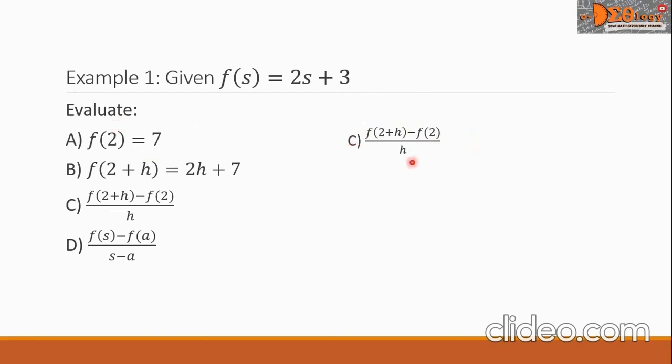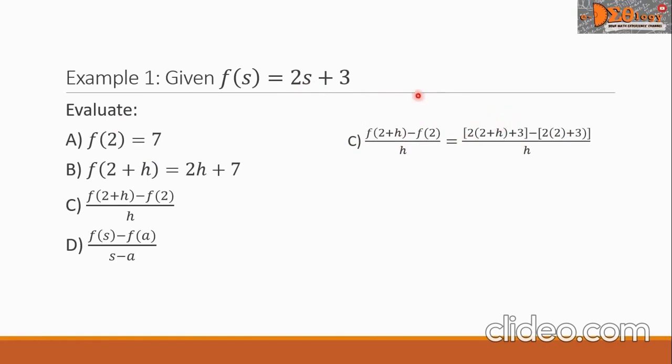So just to show, we will do like this. For the f of 2 plus h, we will consider again that same function. We will copy here, but instead of the s, I will put the 2 plus h. So we have here 2 times the quantity 2 plus h, then plus 3.